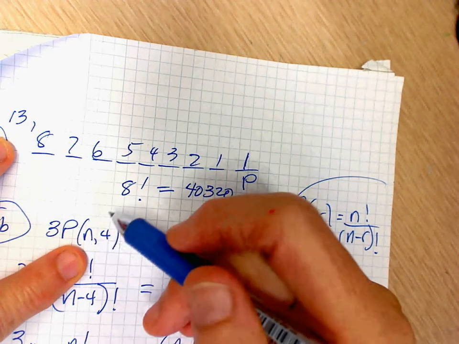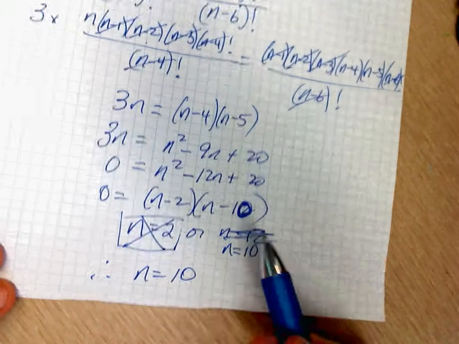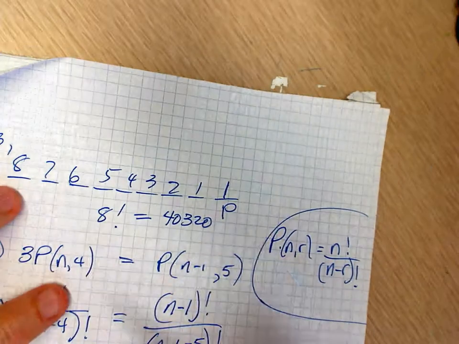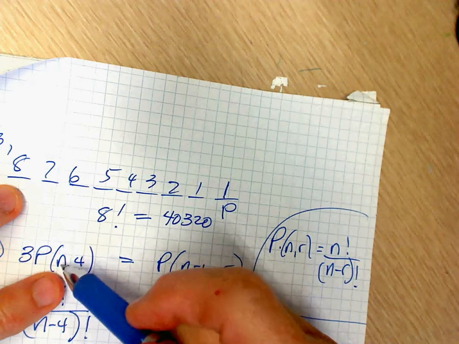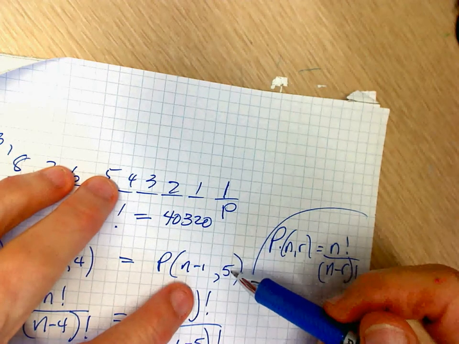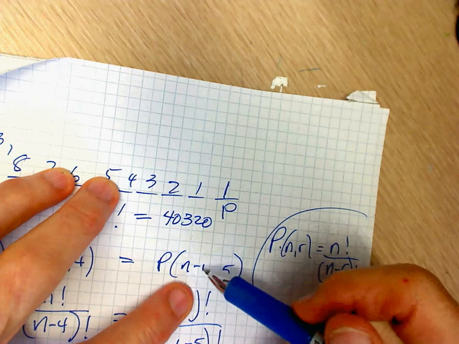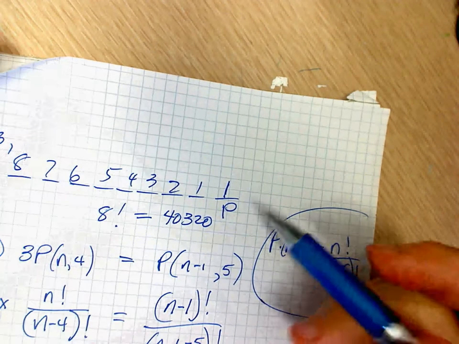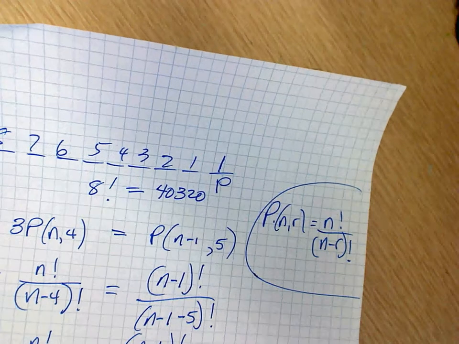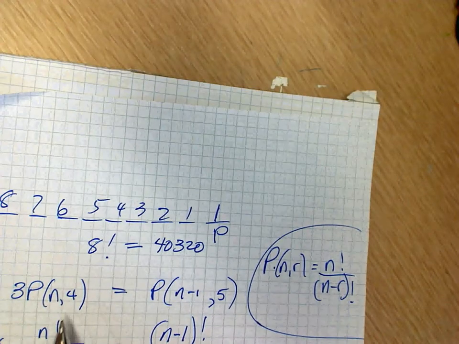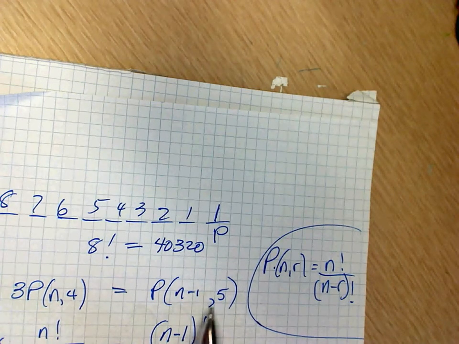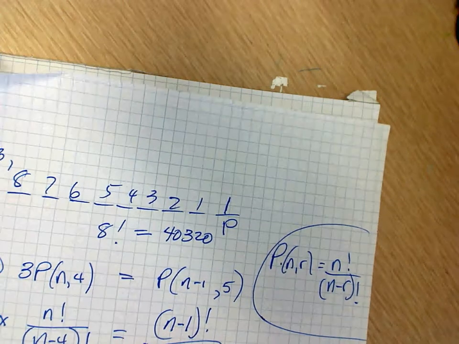So n cannot be 2. n must be 10. And you can see, you can arrange 4 things if you have 10 things. You can arrange 5 things if you have 9 things, right? Because 10 minus 1 is 9. n has to be larger than or equal to r in order for it to work.